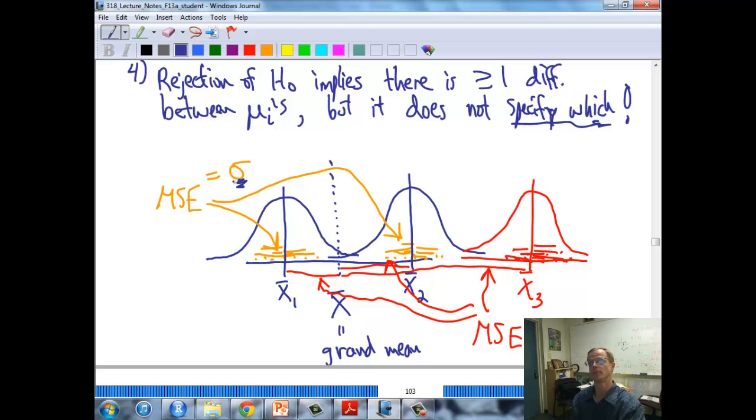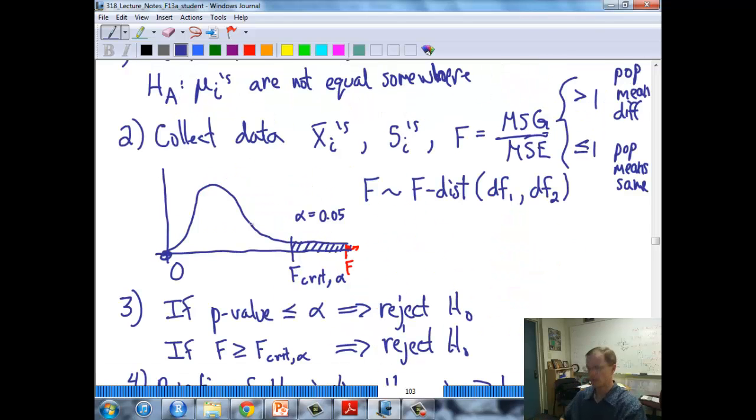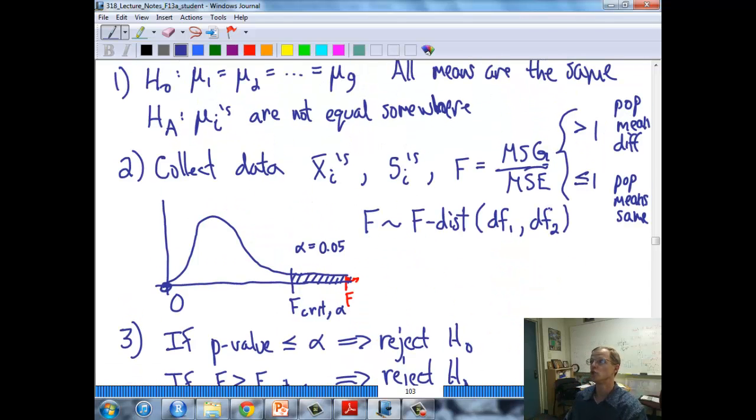So that's our basic sigma. And so in the theory, that is the quotient that we're after. And so if F is too big, how big is too big? Well, we measure it on this distribution right here. Then we reject the null hypothesis. Okay, that lays out the basic steps of ANOVA. Afterwards, we'll look at an example.